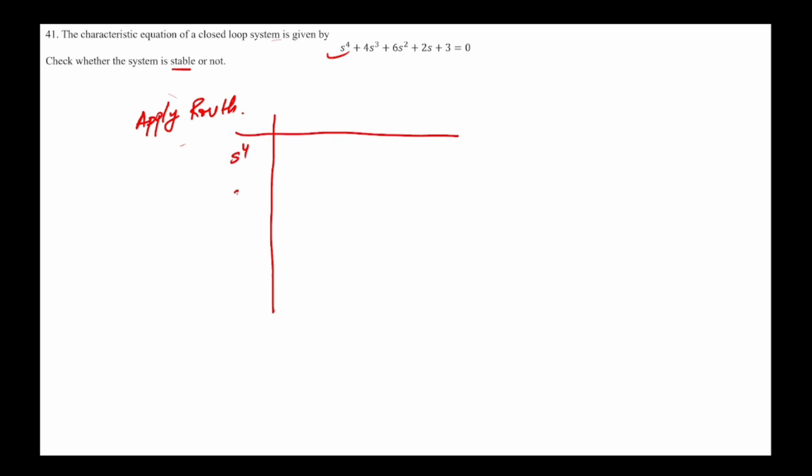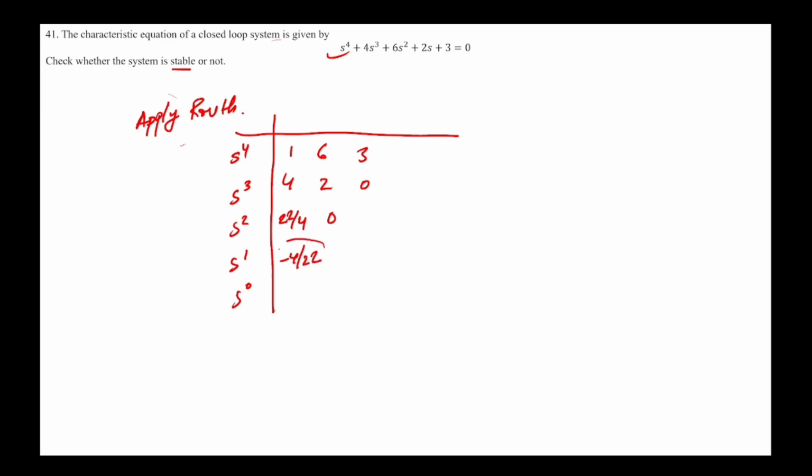S to the power 4, S to the power 3, S squared, S1, S0, with 1, 4, 6, 2, 3. If you calculate, here it will come 22 by 4, then 0, and then it will come minus 4 by 22.